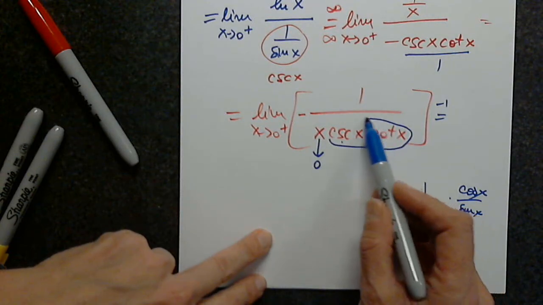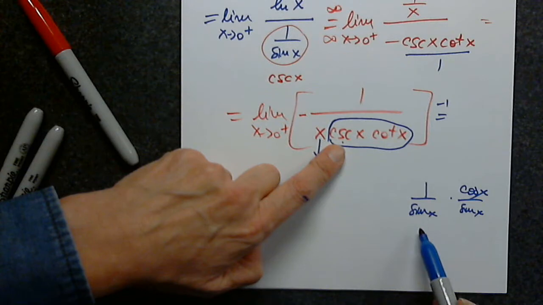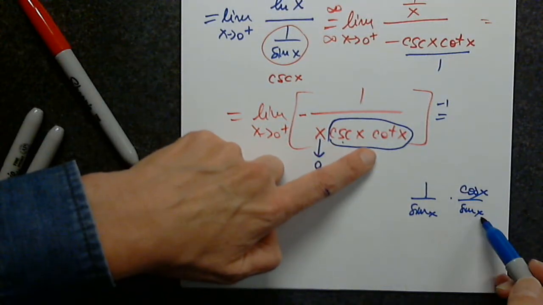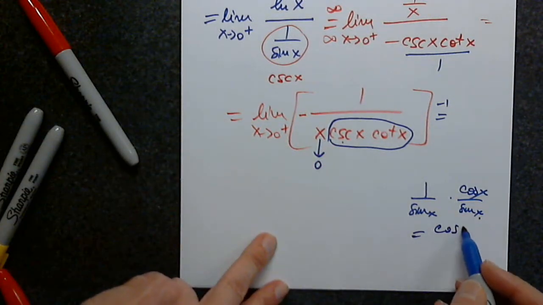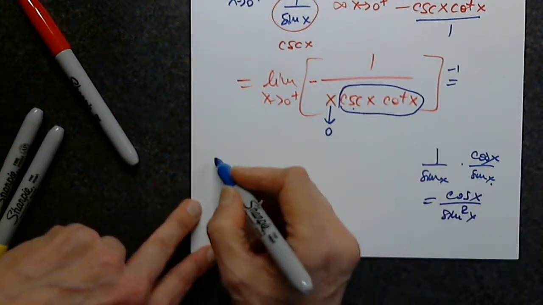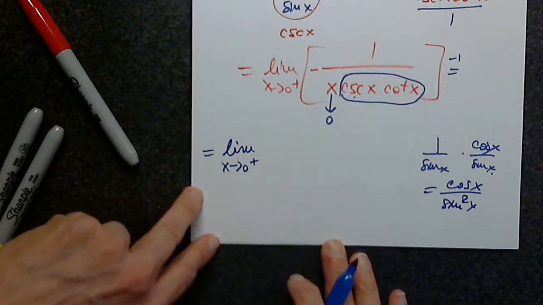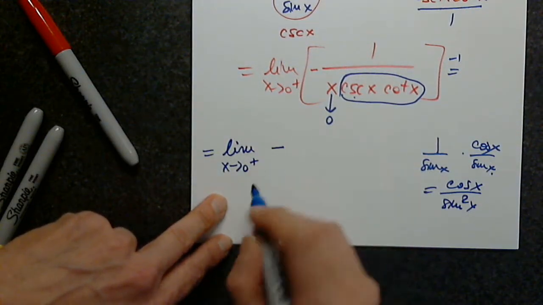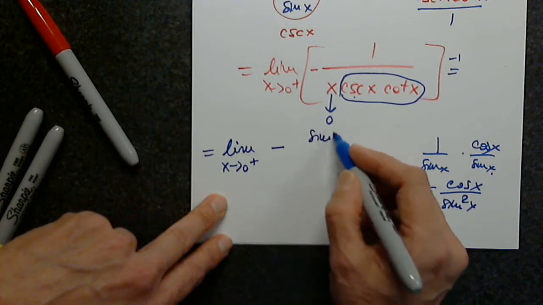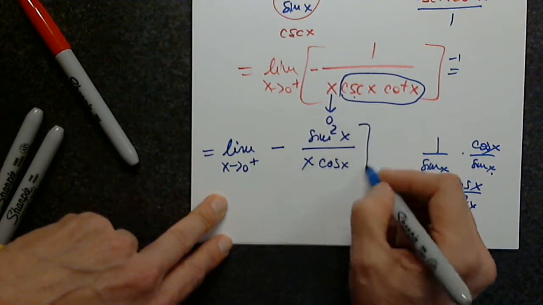So this product is 1 over sine multiplied by cosine over sine, which is cosine over sine squared. So let's flip it then. Limit as x approaches 0 from the right of negative sine squared x over x times cosine x.